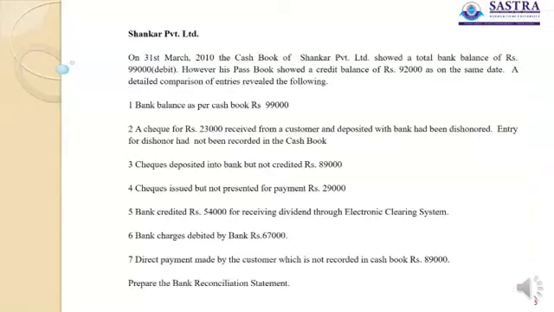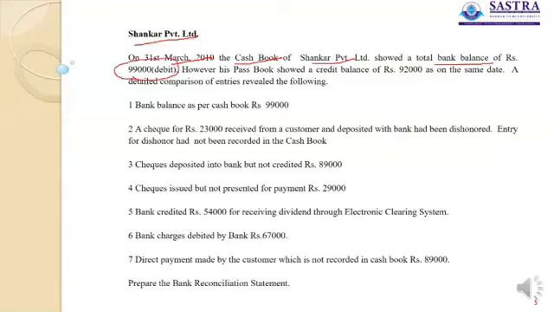We shall go through one more comprehensive illustration, a very important illustration. Shankar Private Limited, on 31st March 2010, the cash book of Shankar Private Limited showed a total bank balance debit of 19,000.